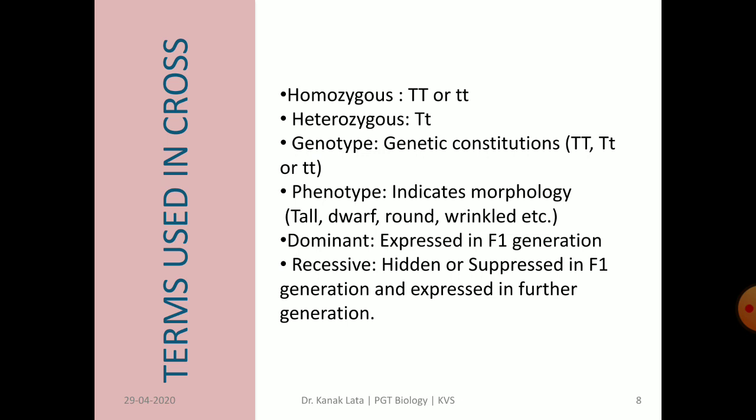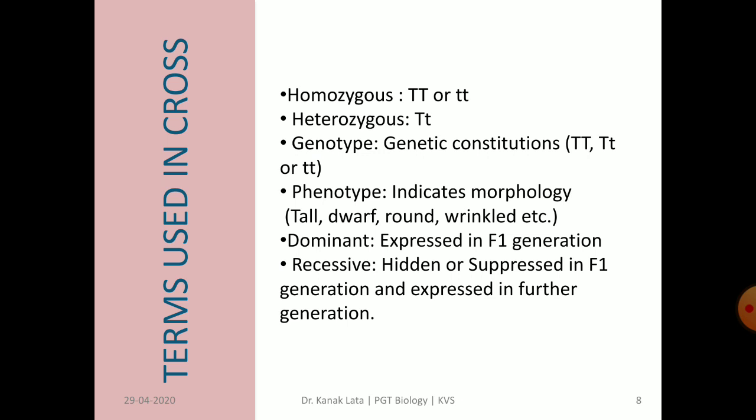First is homozygous. Homozygous means a particular gene that has identical alleles on both homologous chromosomes. It is represented by 2 capital letters for a dominant trait and 2 small letters for a recessive trait.